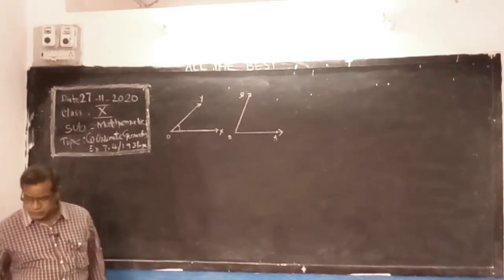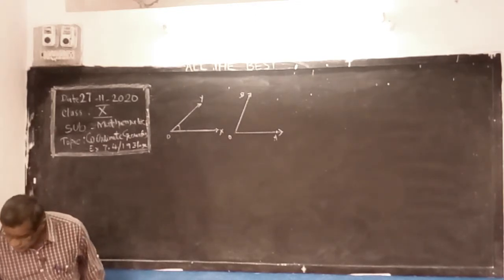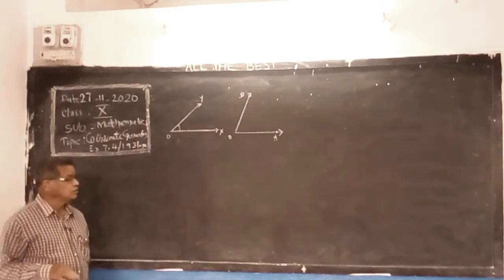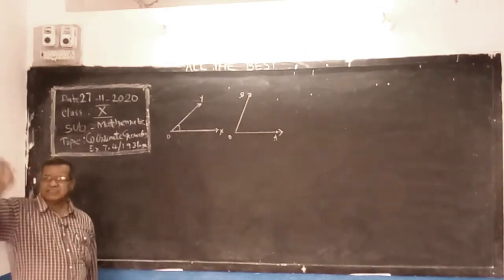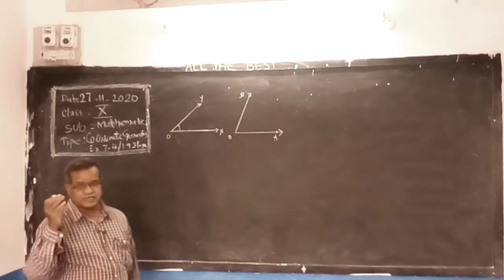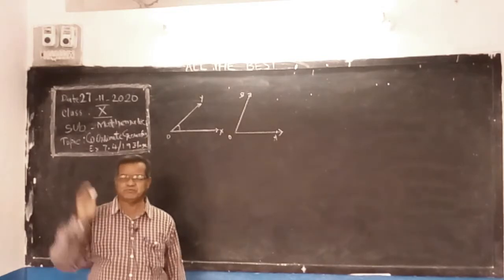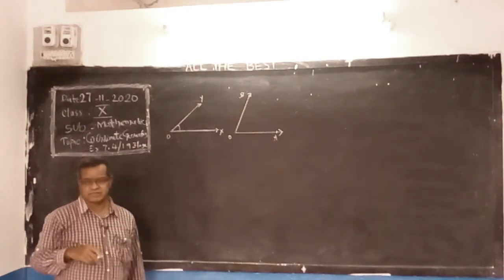In 7.4, it is about slope. Slope means, suppose we are climbing up a hill and we are seeing the top of a cell tower.